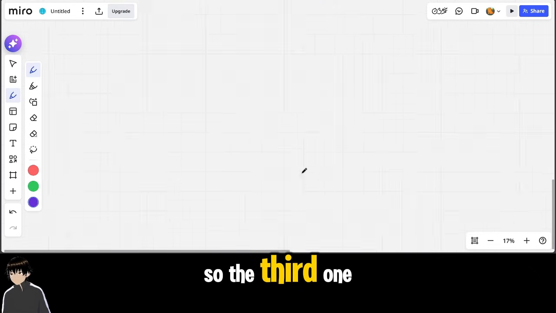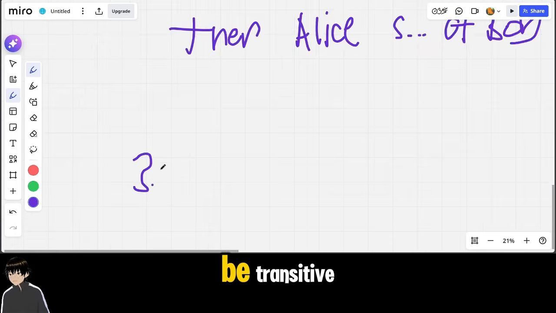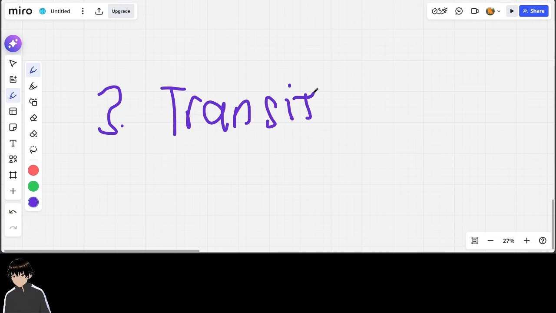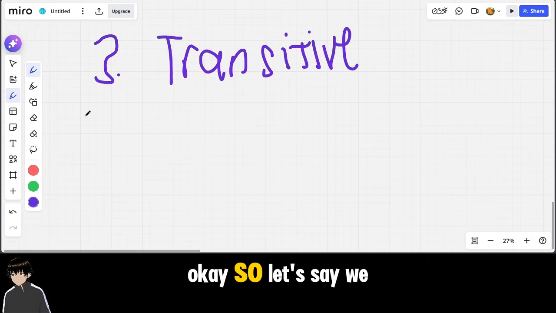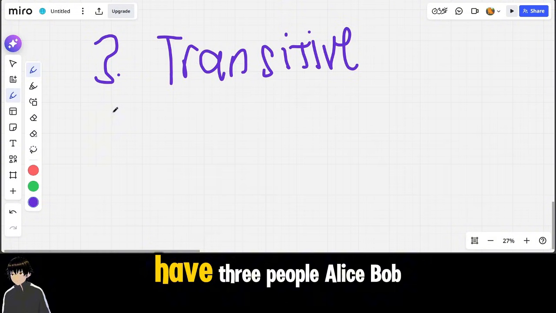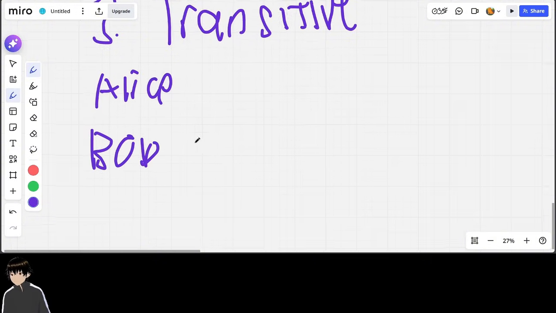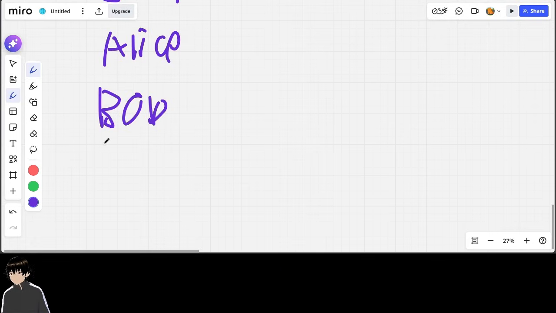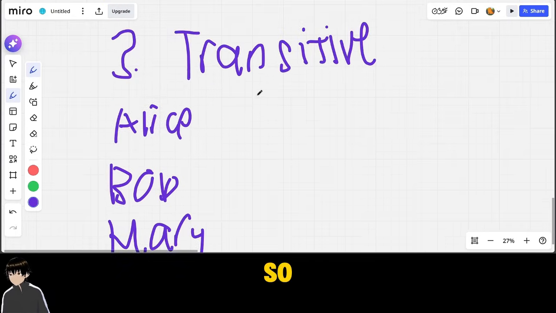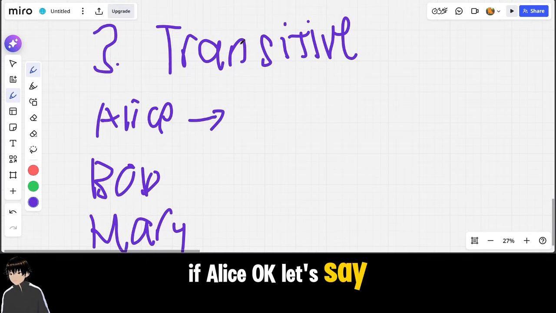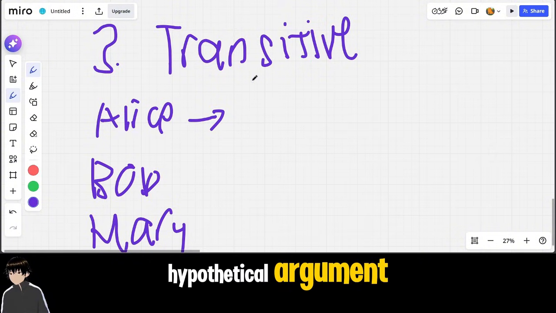Okay, so the third one would be transitive. Let's say we have three people: Alice, Bob, and Mary. Let's say we have this hypothetical argument.